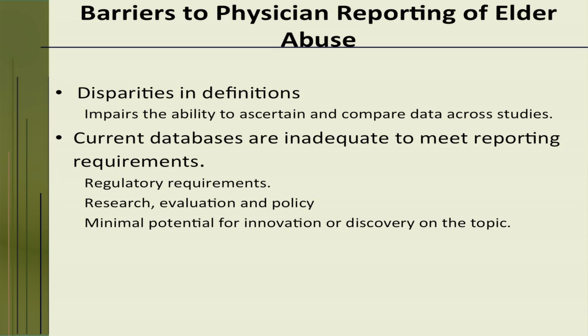Now, what are some of the barriers to physician reporting? Well, there's disparities in definitions. There's different regulatory requirements. There's these fears of actually doing more harm to their patient.